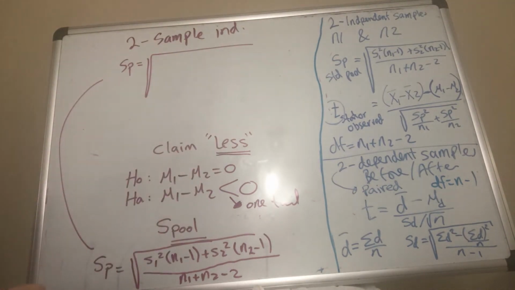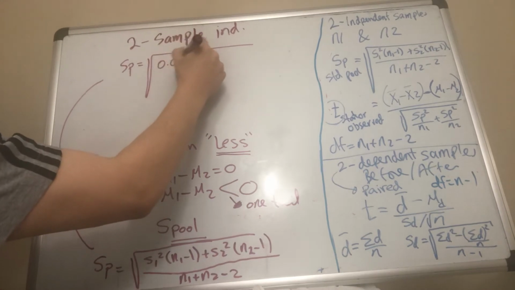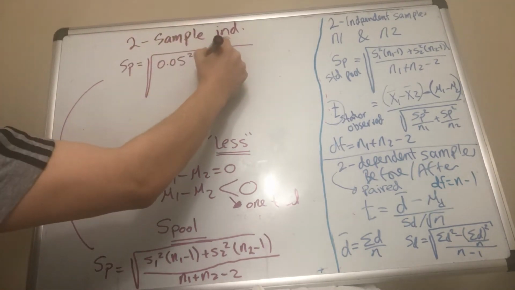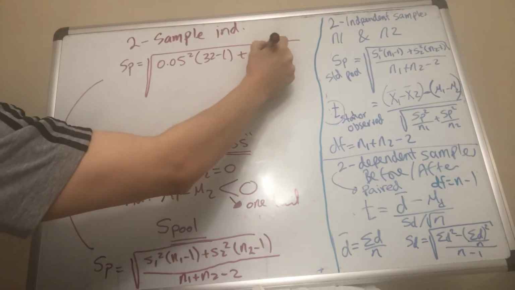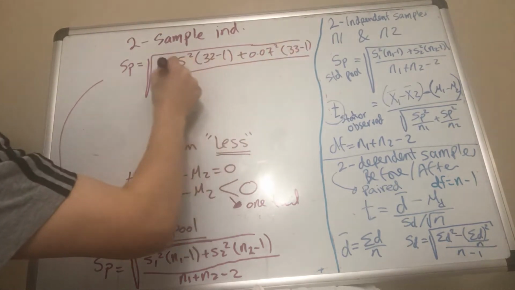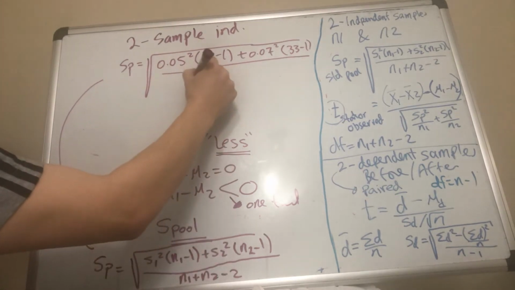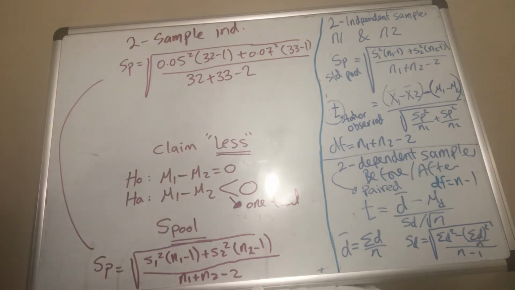According to the question, the first standard deviation is 0.05. You square it, and it's a sample of 32 minus 1. The other one is 0.7, and the sample is 33 minus 1. And n1 plus n2 minus 2, that would be 32 plus 33 minus 2.